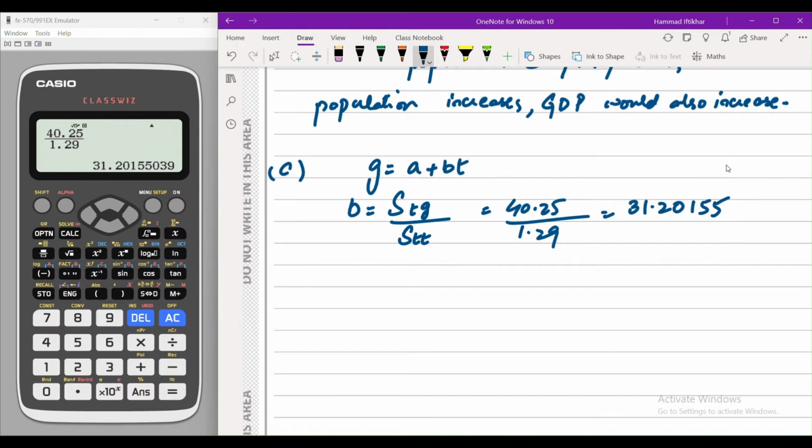Now we need our A. A can be found by using the mean: G bar minus B times T bar.